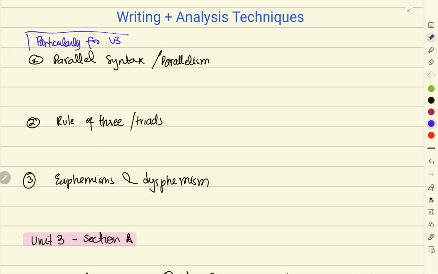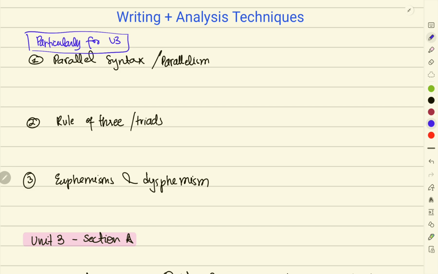These are particularly important for Unit 3. You can include these techniques while you're constructing your answer for Section A. So if your question is to write a blog, you include these things while you're writing, and when you start analyzing your own text, you can make a reference to these. That's going to give substance to your analysis of your own text.